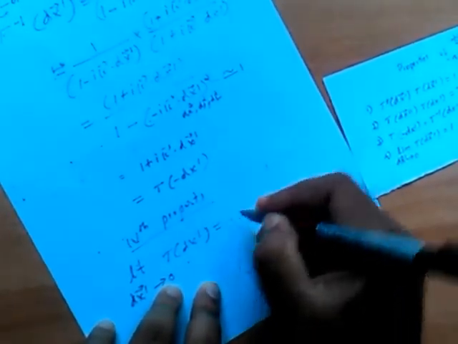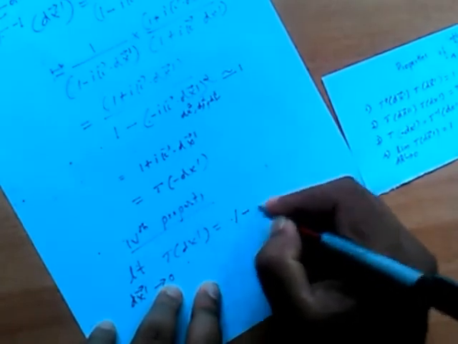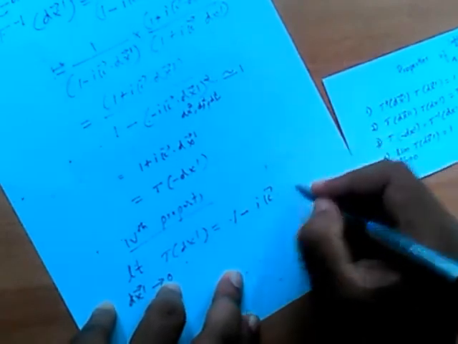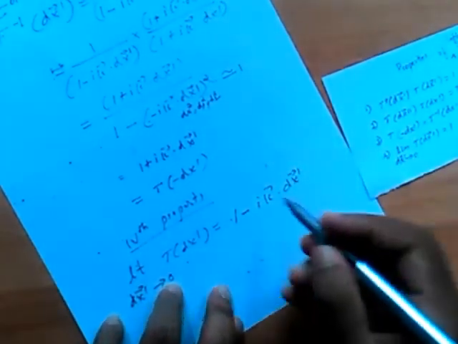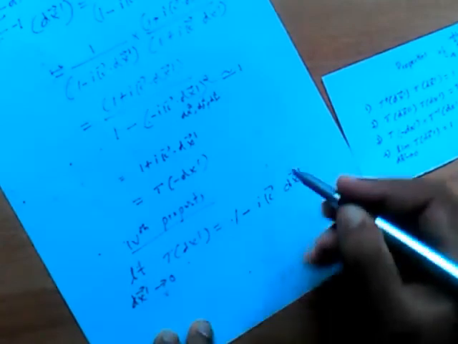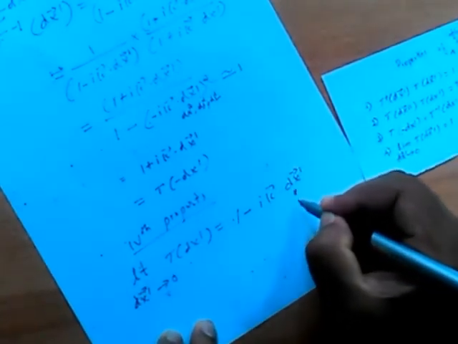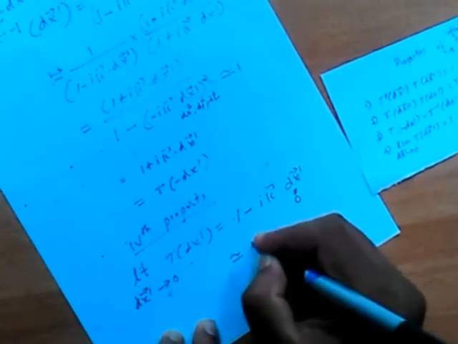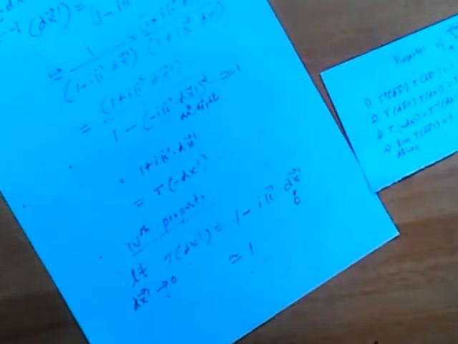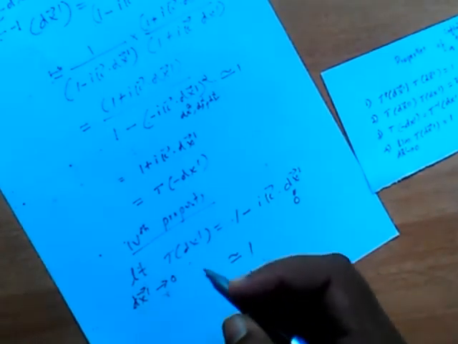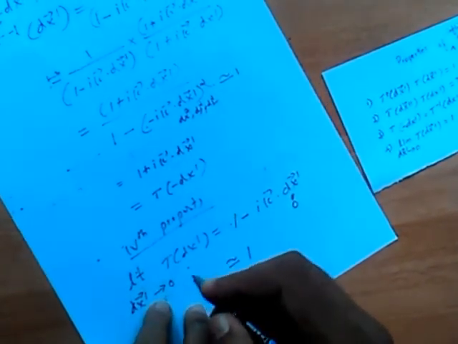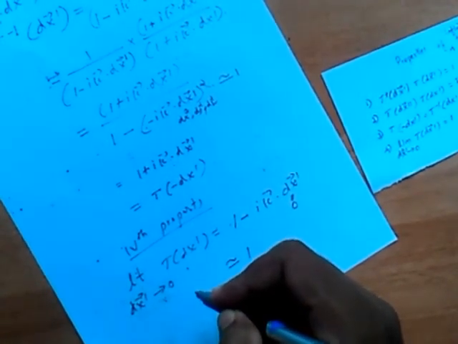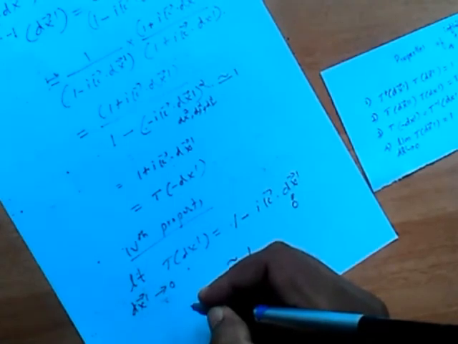Our translation operator is in the form 1 - i k · dx'. As dx' tends to 0, this will be equal to 1. So we have verified that this form of the translation operator satisfies all the four properties.